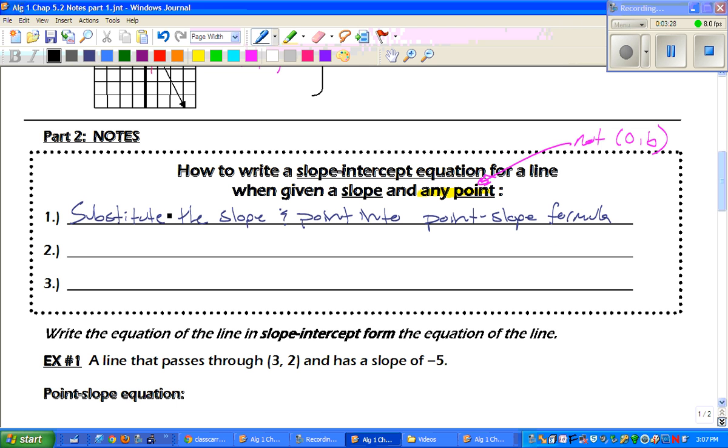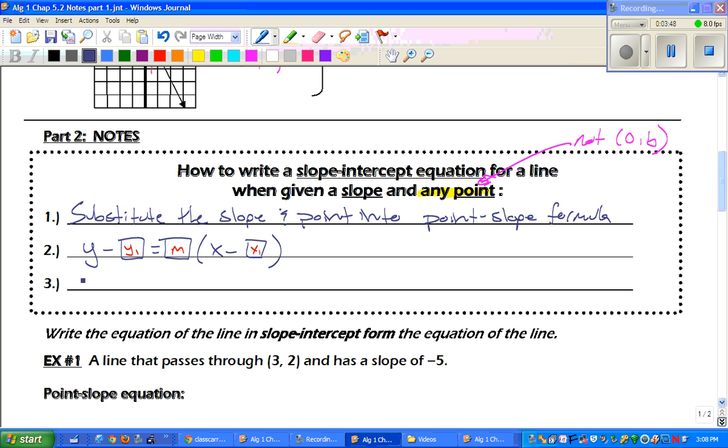That formula is y minus your y equals the slope times x minus your x. So you're actually going to be substituting information into those spots.